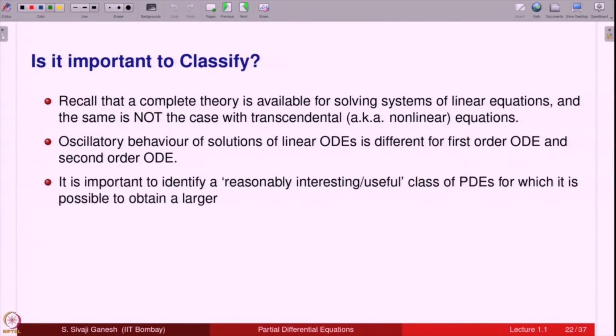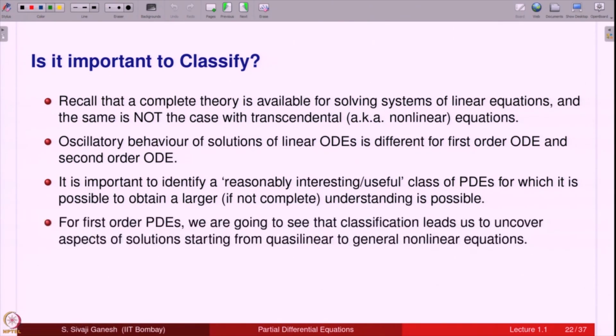Think of these solutions, some of them are oscillatory. So, it changes. So, it is important to identify a reasonably interesting or useful class of PDEs for which it is possible to obtain a larger understanding. May not be complete, but at least a good understanding.